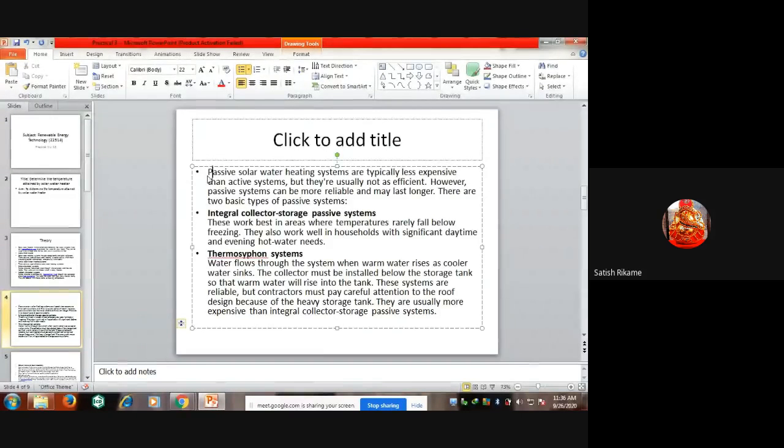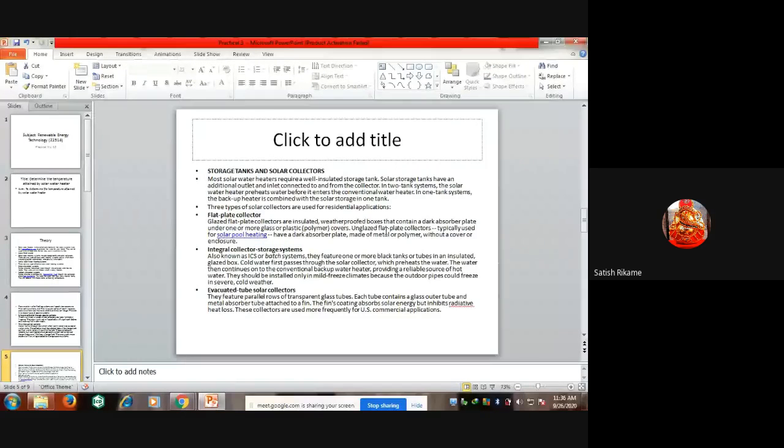In a thermosiphon system, water flows through the system as warm water rises and cooler water sinks. The collector must be installed below the storage tank so that warm water will rise into the tank. These systems are reliable, but contractors must pay careful attention to the roof design because of the heavy storage tanks. They are usually more expensive than integral collector storage systems.